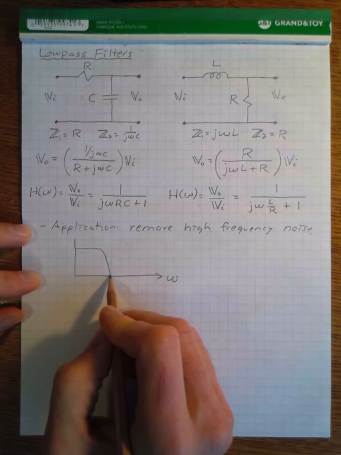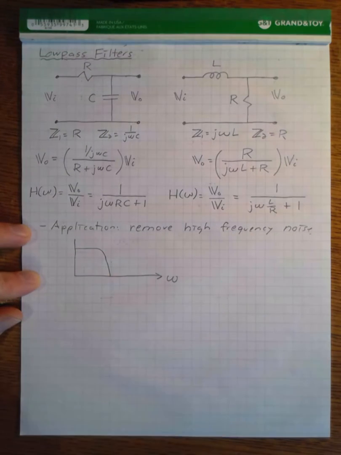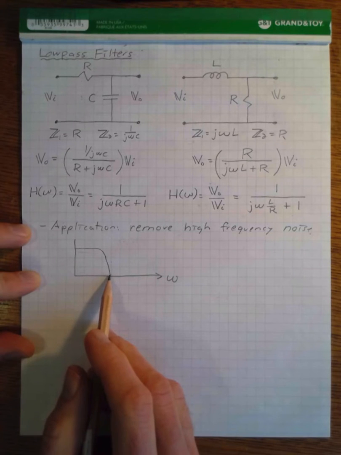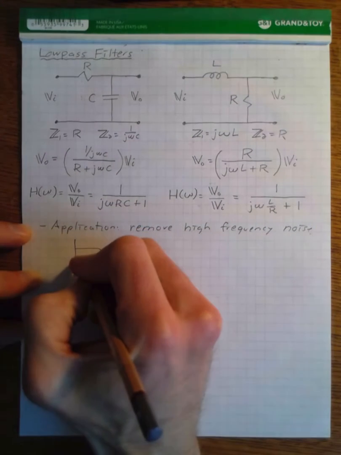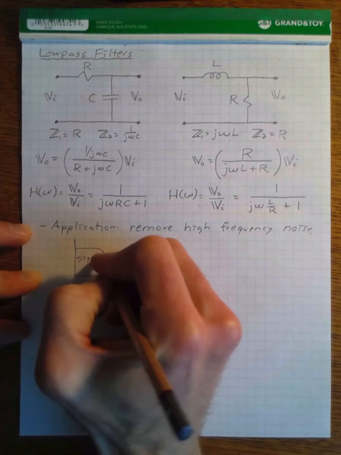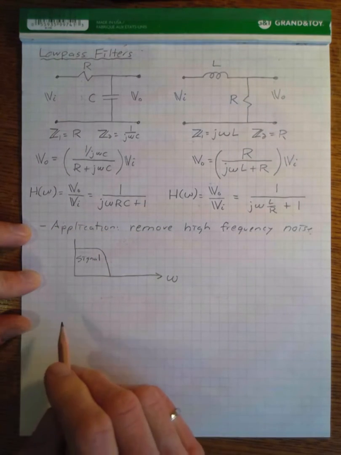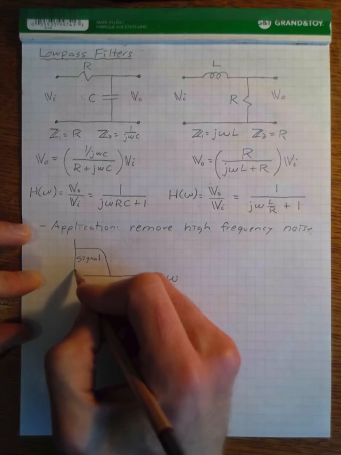So once we get up to the maximum frequency that the human ear can hear, there's no point, unless we have some kind of ultrasound application, generating signal components that are higher than what the human ear can register. And so this could be our signal. And in some cases, this is a little lower than what the human ear can register, depending on the application.